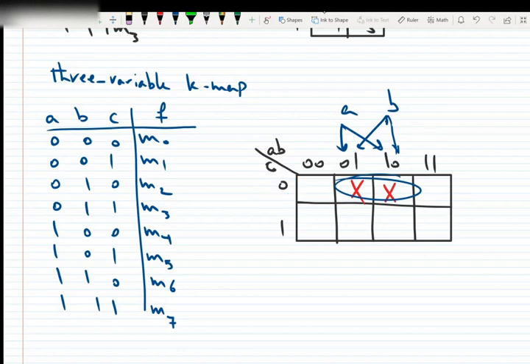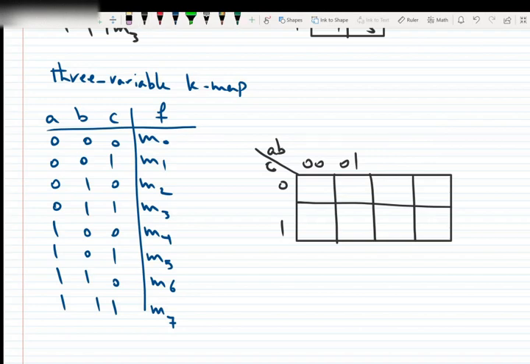So the only way we can build the table is considering this rule, that any 2 adjacent cells have to have only 1 bit difference. So here we say 1, 1, and 1, 0. And now if we put these minterms in this K-map, we will have M0, M1, M2, M3, M4, M5, M6, and M7.